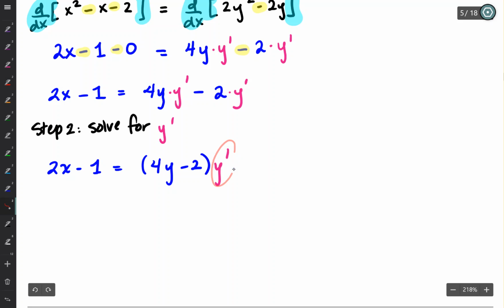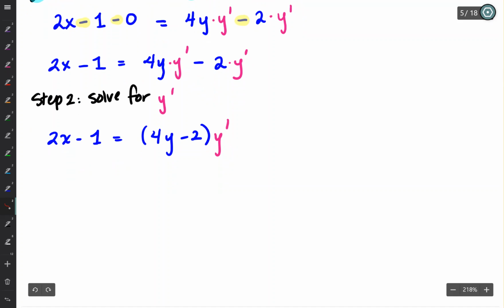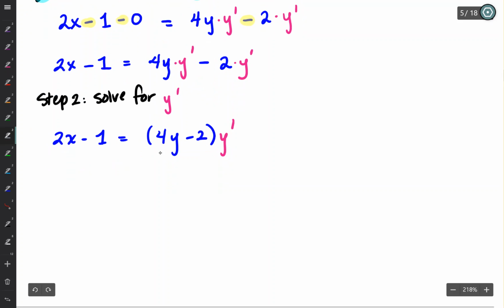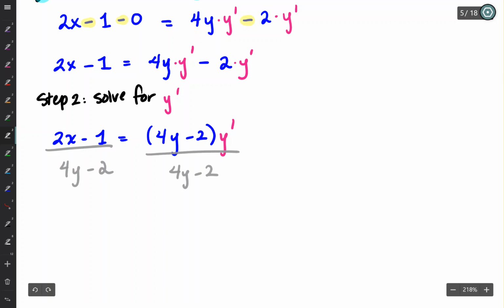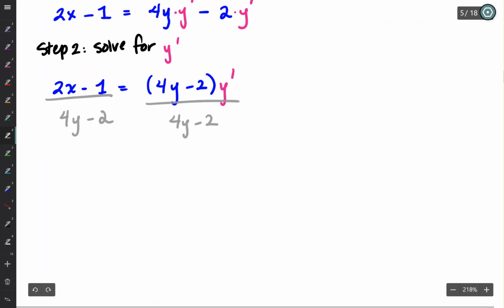Y prime times 4y is 4y prime, and y prime times minus 2 is minus 2y prime. 4y minus 2 times the thing I'm looking for. What's the opposite of multiplying by that? Dividing by that. And what I do to one side, I do to the other. Divide both sides by 4y minus 2. And we are done.